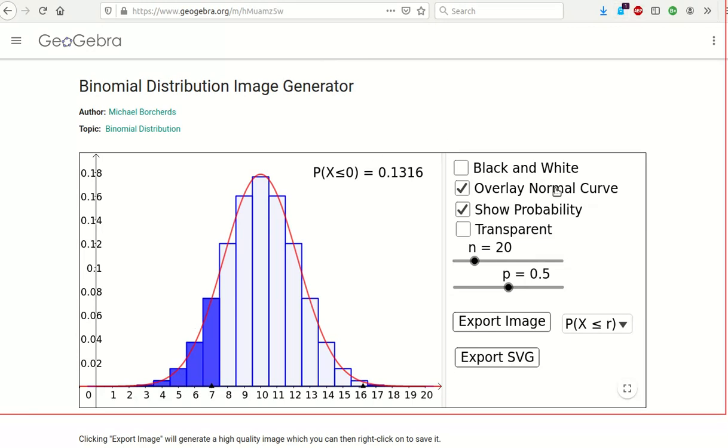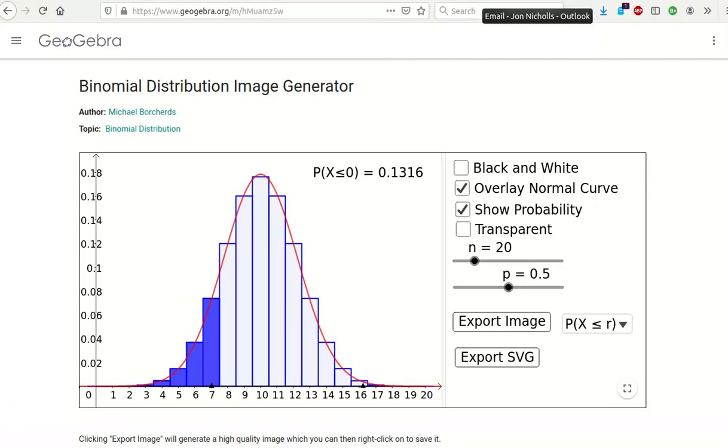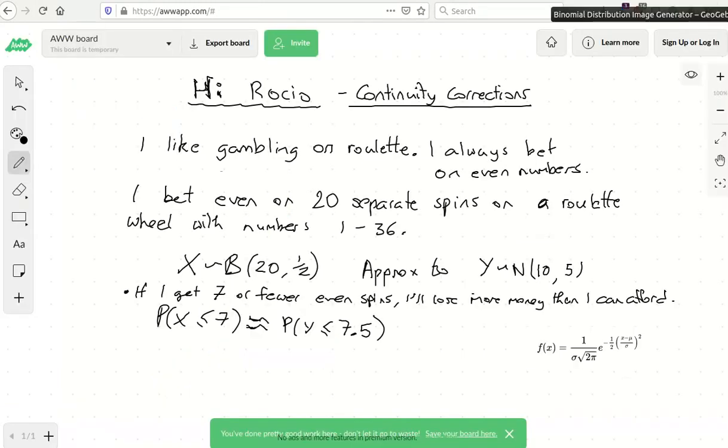Now, for the actual binomial one, it gives me 0.1316 according to this. I'm sure if I asked my calculator, it would tell me the same answer. So the actual one is 0.1316. But if I use 7.5, and I'm going to do this one on my calculator, I'm just going to go to stats, normal CD.